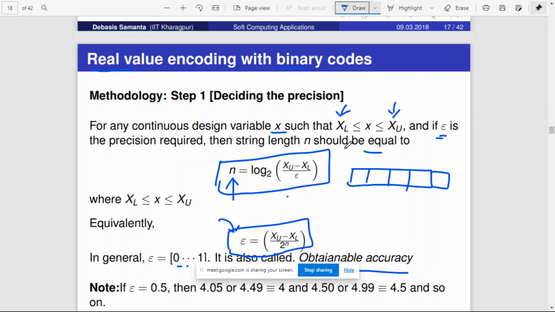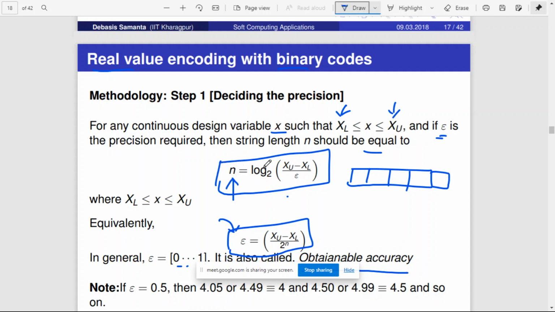So could someone summarize this slide, what we have discussed here? What is this slide talking about? What does this n represent?